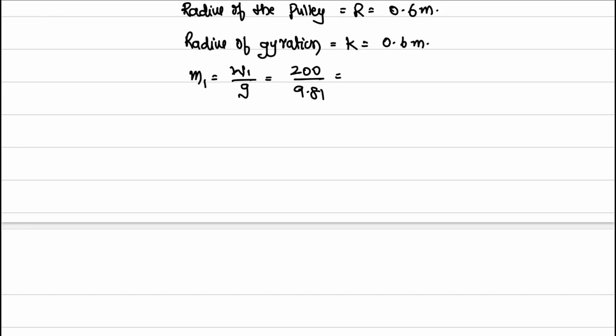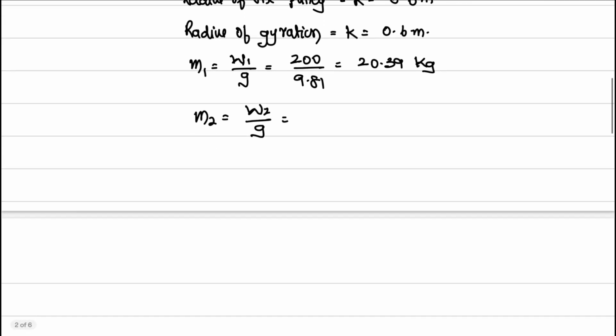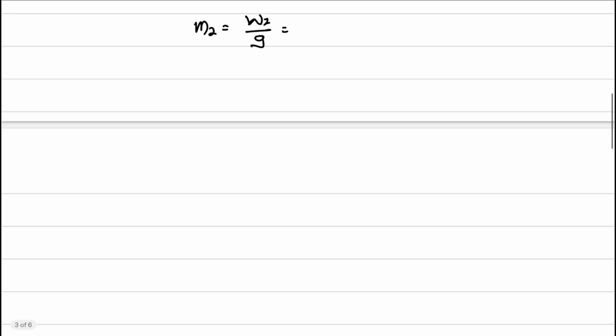That is 20.39 kg approximately. M2 is equal to W2 by G. W2 is how much I have given? 300. We are only writing what is given in the problem. We are not solving the problem yet. 30.58 kg.